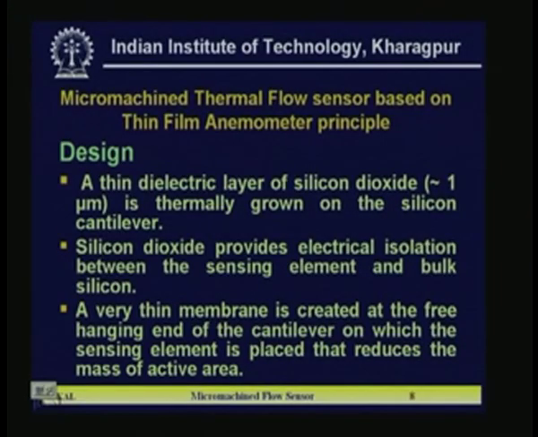Why is this required? Because if you want to have a sensing element, which in this particular case is basically a thin film resistance, and you make the thin film resistance directly on silicon, silicon is also a semiconductor material and will have certain conductivity. So the silicon as well as the thin film resistance whose change you are going to measure would give a combined phenomenon.